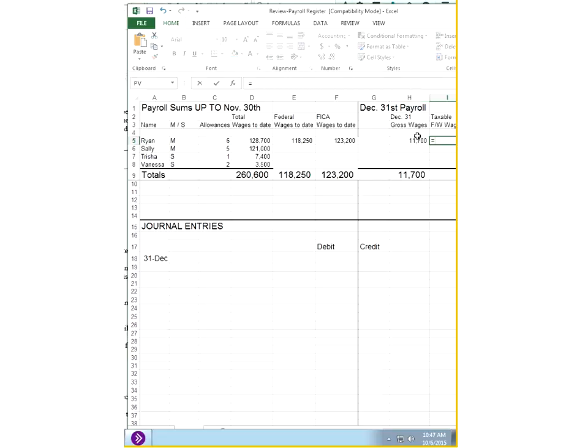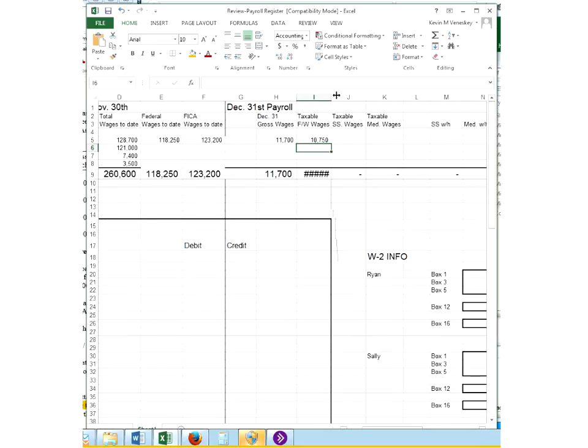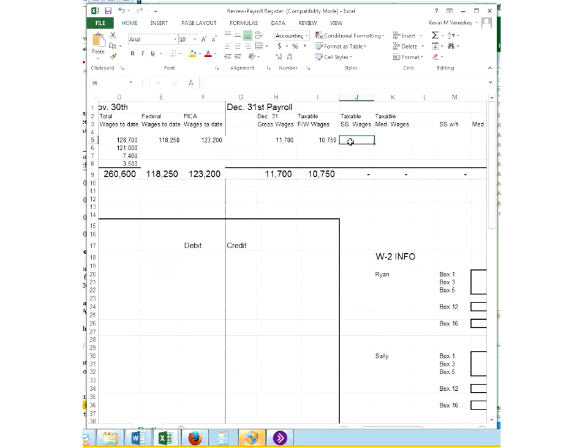Gross wages is 11.7. The taxable wages, well, it's 11.7 minus the 450 for 401k minus the 500 for the medical premium. Social Security wages is actually going to be nothing because we are already over the limit.